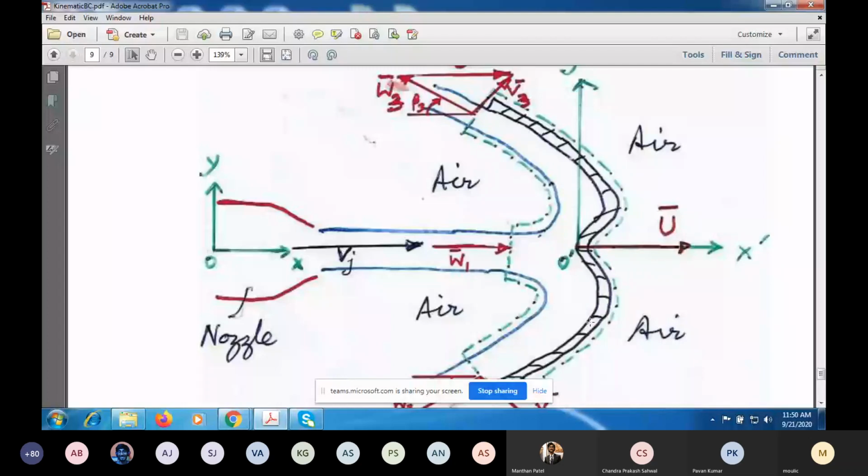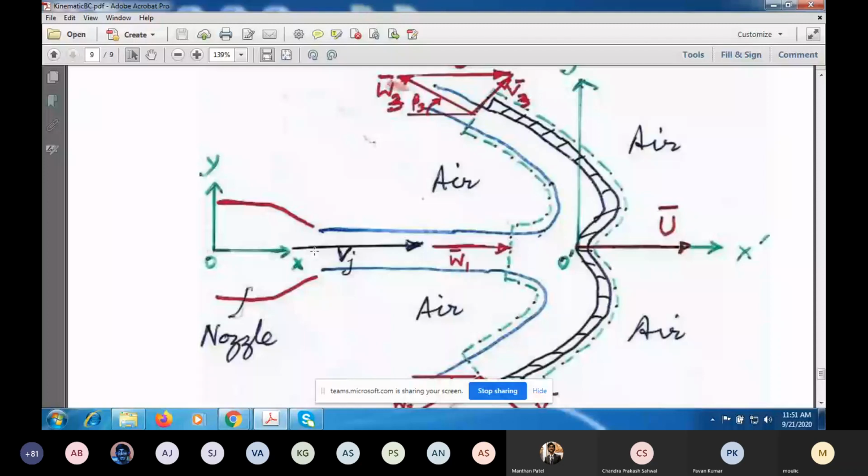So this jet will strike the bucket provided the translating speed of the bucket is less than Vj. Okay. So if I say W is the relative velocity, and I draw the control volume like this and say this is section 1, the direction of W1 is known because you know the direction of the jet.